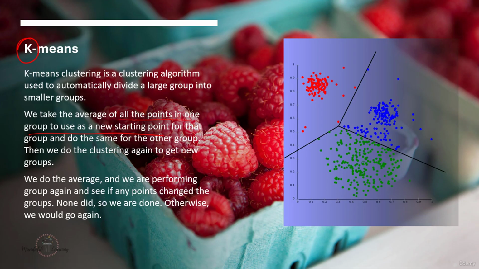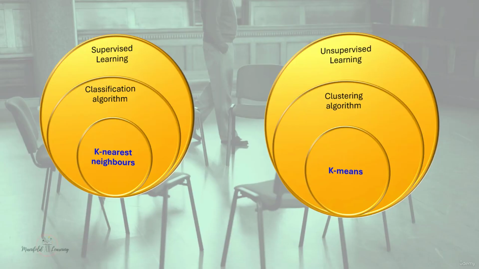So k-means is a clustering algorithm. Don't get confused, guys: the k-means algorithm that we have just learned is an unsupervised learning algorithm that comes under clustering. But the KNN model, the k nearest neighbors model, is a classification algorithm.